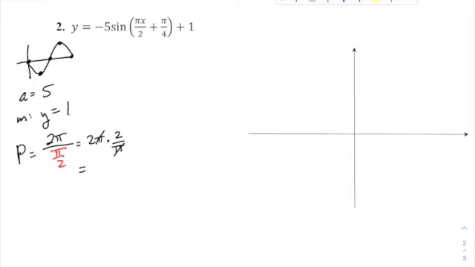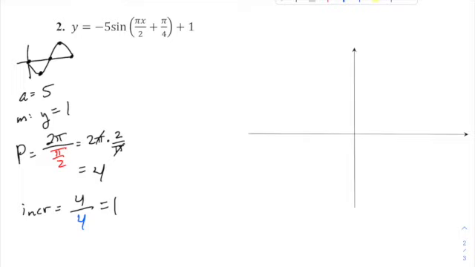Those pi's cancel. And your period is 4. Nice. Which means your increment is going to be that period of 4 divided by 4, which really works out nice because now they are just 1 unit apart. Okay, so I know that each key point is 1 unit apart.